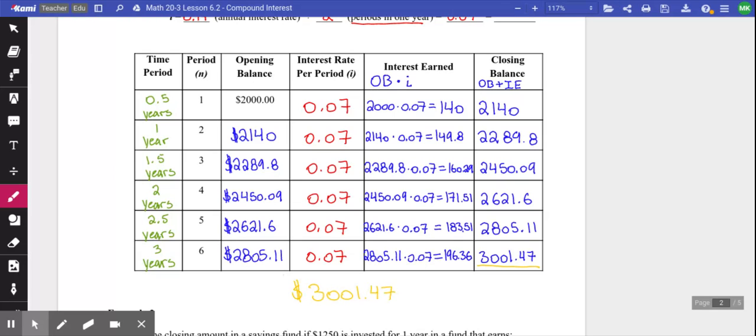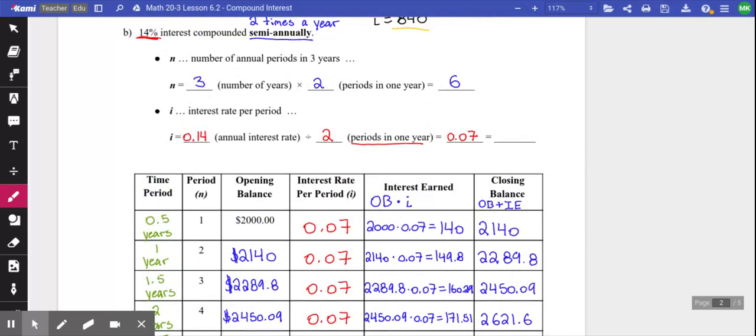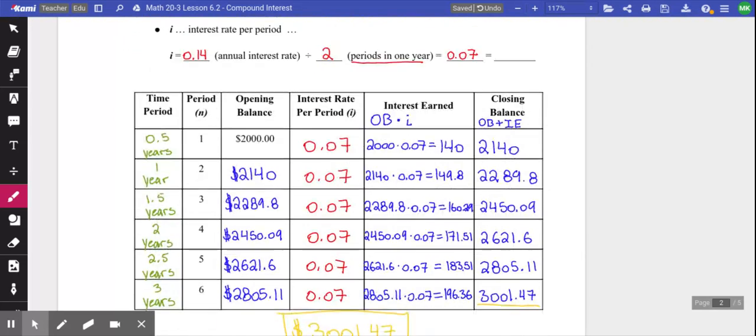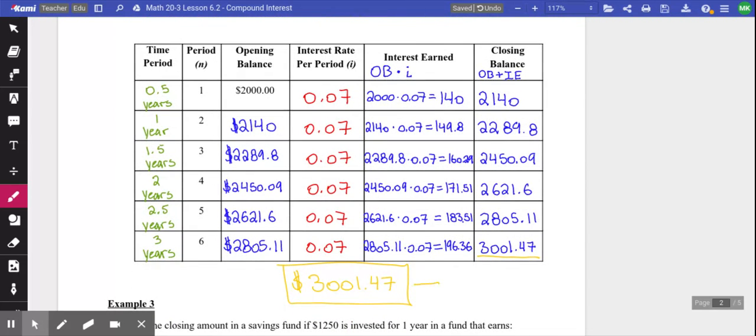If we compare that to the question above, it was only $2,840. It's gone up a decent amount, almost a couple $100 extra, just by compounding your interest rather than doing a simple interest.